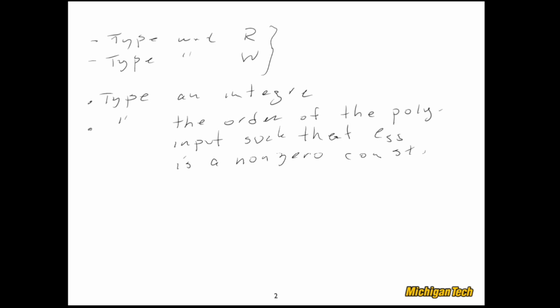So if I was given a closed loop system, and someone said that this system is type 1 with respect to the reference input, I would then know, so maybe I'll write this as an example, if we had a system that was type 1 with respect to R, we then know that if I gave it a ramp, so R of t looked like that, then the steady state error would be some non-zero constant.